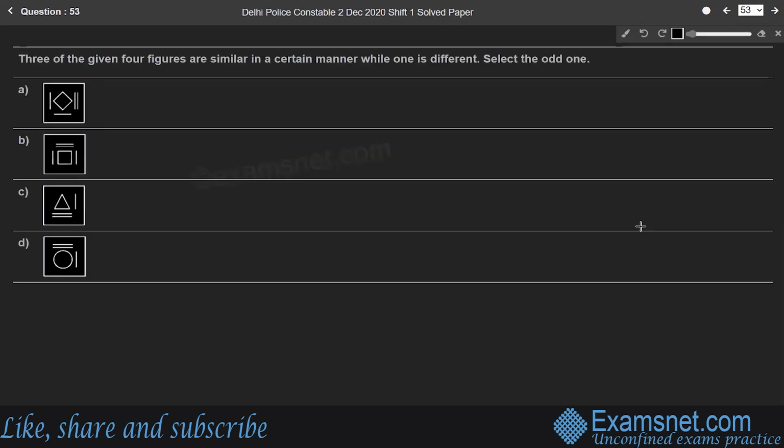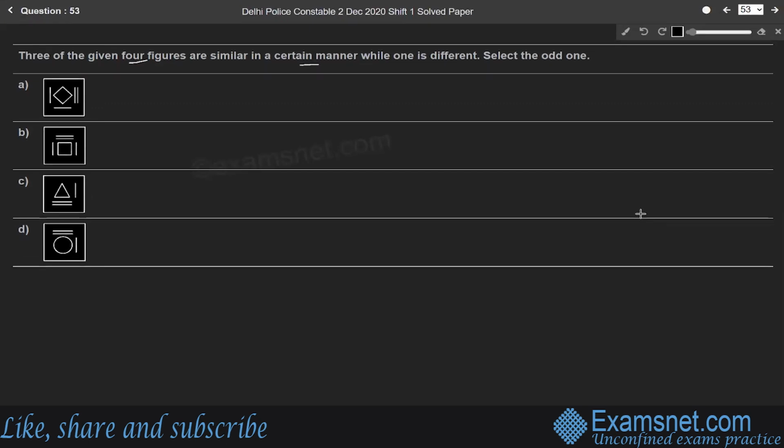Question 53. 3 of the given 4 figures are similar in a certain manner, while one is different. Select the odd one. So here are 4 figures. Look at option A. There are 4 lines: 1, 2, 3, and 4. 4 lines and 4 sides of the figure, right?